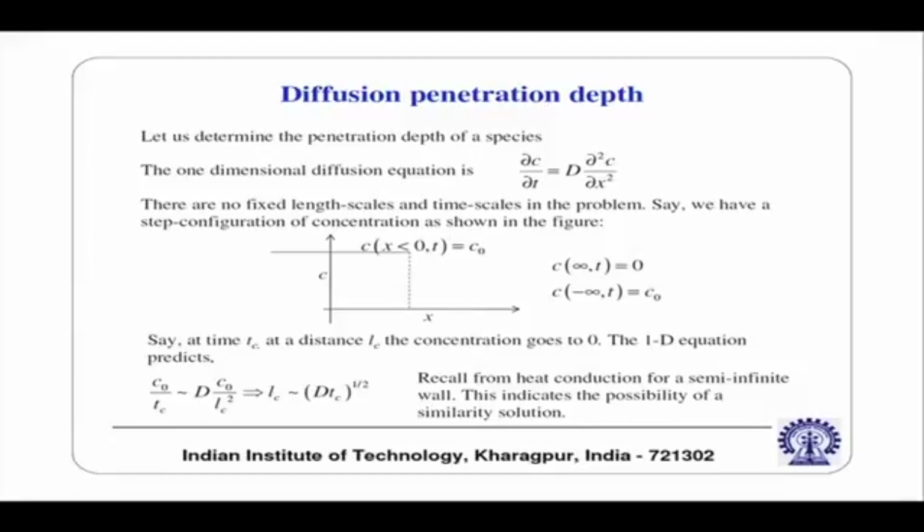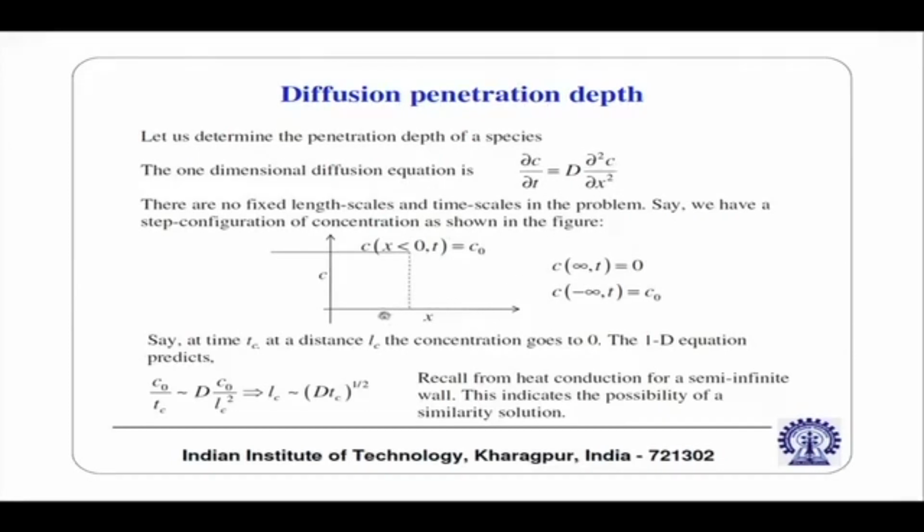So let us think about this problem which is described here. Let us say that we have a one dimensional problem. So the del square becomes del square c by del x square. So del c by del t is equal to D del square c by del x square.